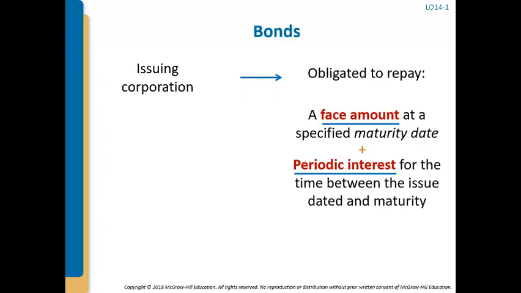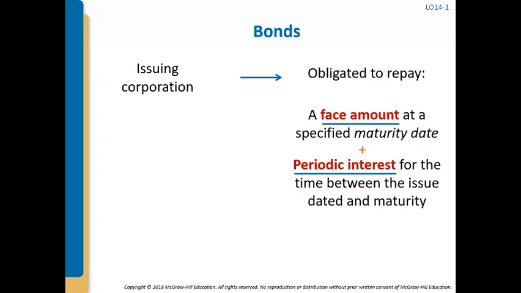Most commonly, that interval is every 6 months. And then they're also obligated to repay at maturity the face amount of the bond.